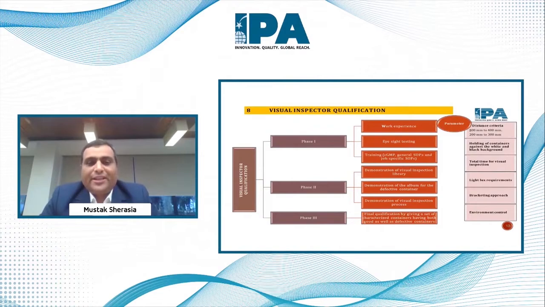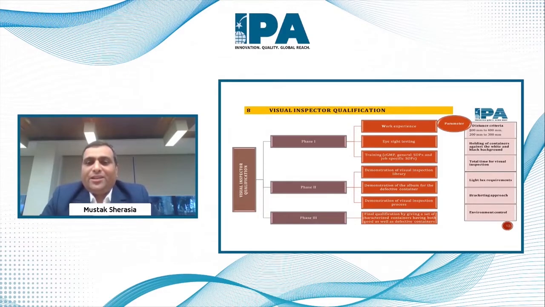The inspector goes into phase 3 training to understand and perform the real challenge test of particulate removal testing and visual inspection using this kit. And this phase is very important because here the inspector is challenged with a previously prepared kit, and it is a challenge to identify all defects which are kept in the visual inspection kits.